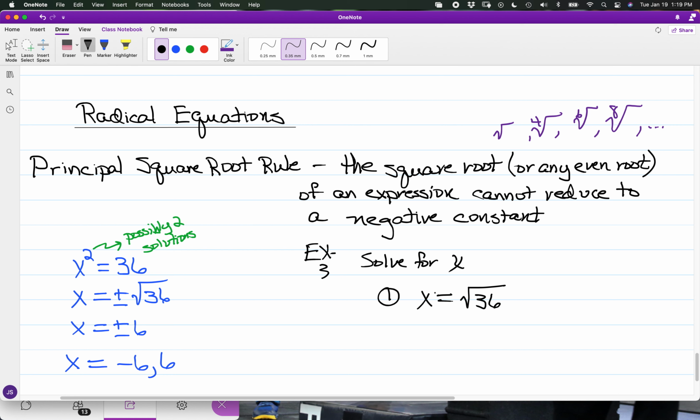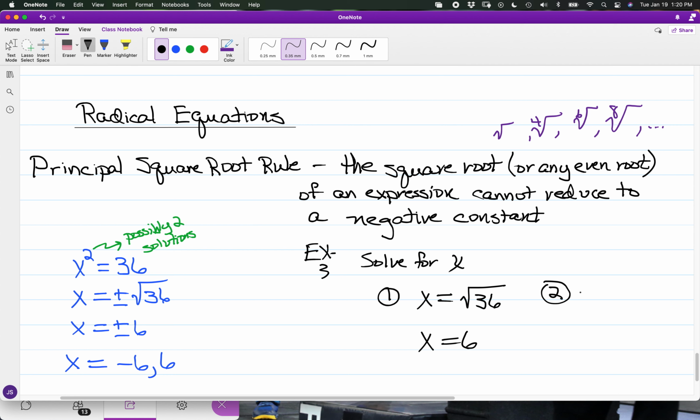We have x instead. Notice we don't have the transitioning like what we did in the second stage where we utilized the square root property of equality, because here we have just x is equal to the positive square root of 36. And again, the square root of an expression, that expression in this case being 36, cannot reduce to a negative constant. So any negative value is going to be left out. So for the square root of 36, that is going to end up at 6.